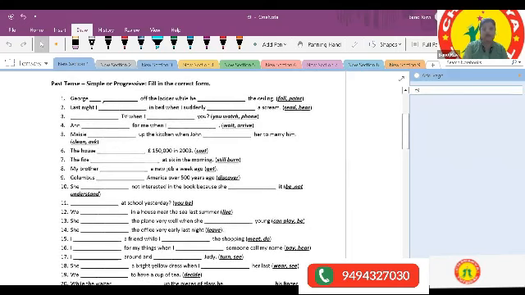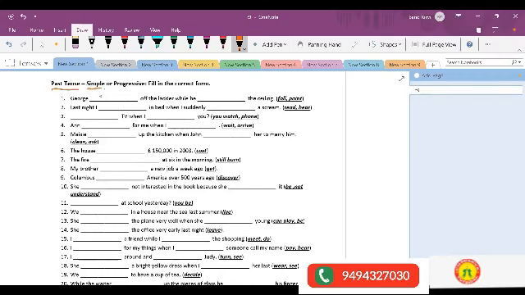Just give me one by one answer. George, you still have to fill it up with simple. Now what is the answer to the first one? Subhash? You have to fill in past tense.